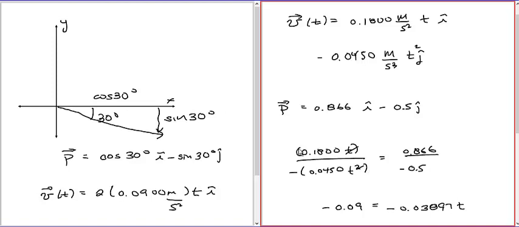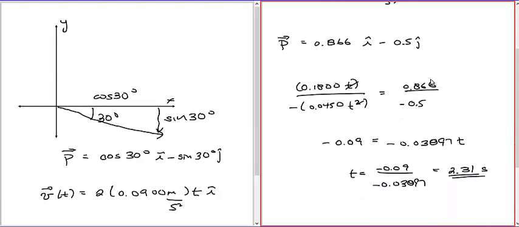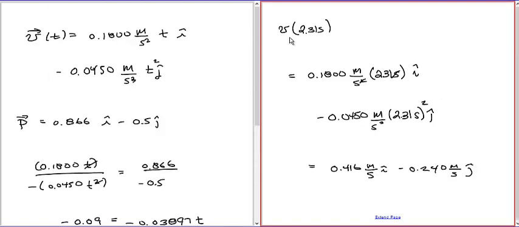It's kind of like similar triangles. If the ratio of this to that is the same as the ratio of this to that, then we have a similar triangle. And because one involves t squared and the other involves t, that ratio changes with time. So I solved this equation for t, which gave me 2.31 seconds.